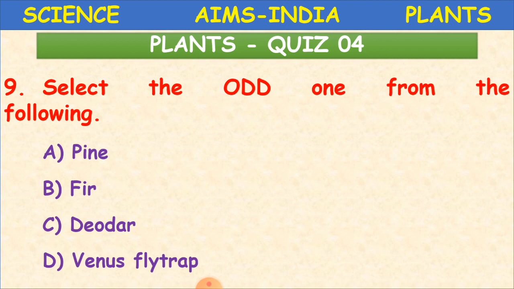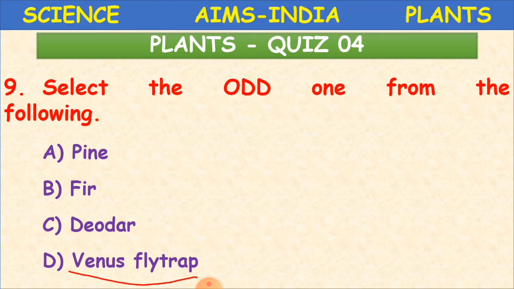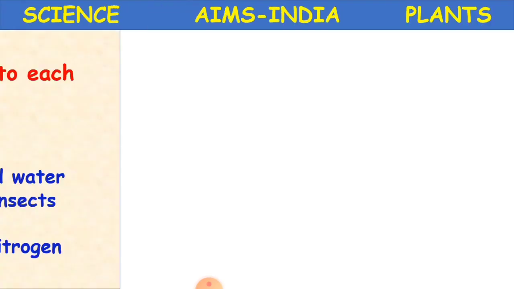Deodar also same. Now what is left over? Venus flytrap. What is Venus flytrap, children? It is an insectivorous plant. So the odd one here is D, that is Venus flytrap. Clear? Yes. The next question now.